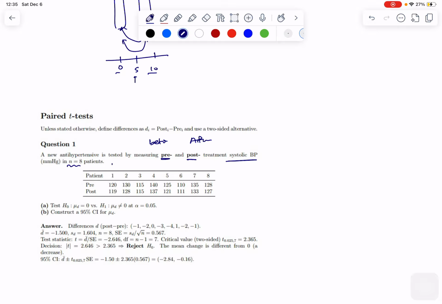So for each patient, number 1, they measured their blood pressure before, then they gave him or her the medication, and then they measured after, for 8 people.